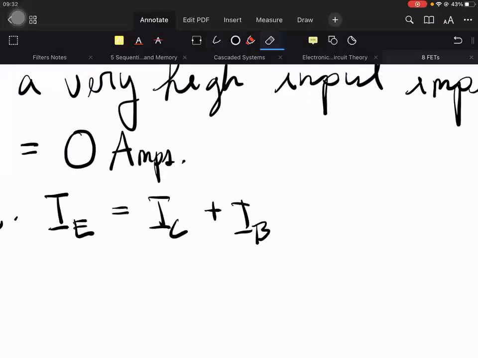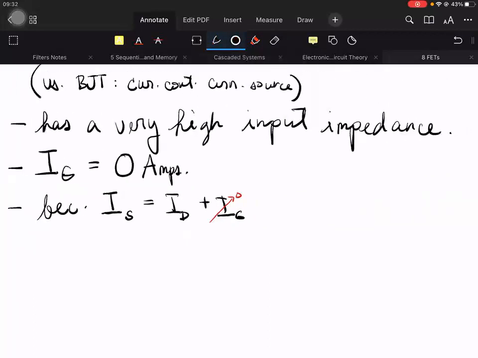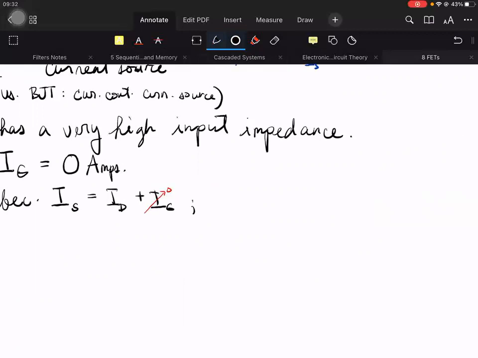But instead of collector, emitter, and base, we have gate, drain, and source. So IS is equal to ID plus IG. But because IG is 0, another characteristic of the FET is IS will always be equal to ID.